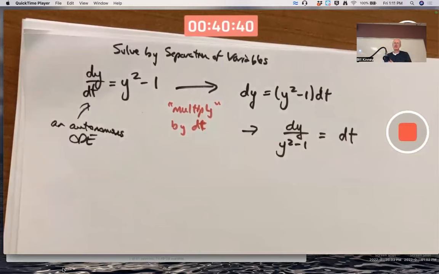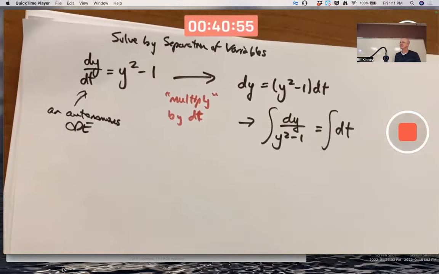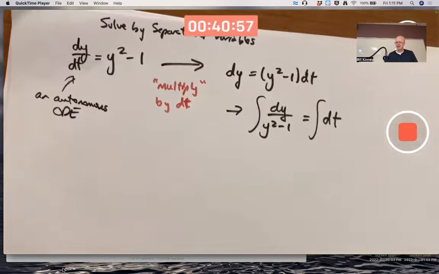When you see something like this, especially right now, and also in a science or engineering class, you should start getting an itch, an urge to integrate both sides. Must integrate. Yeah, go ahead and integrate both sides. And yeah, that's usually a good idea.